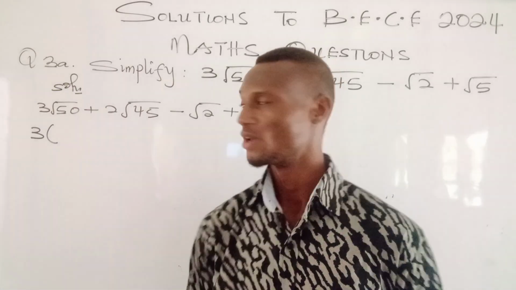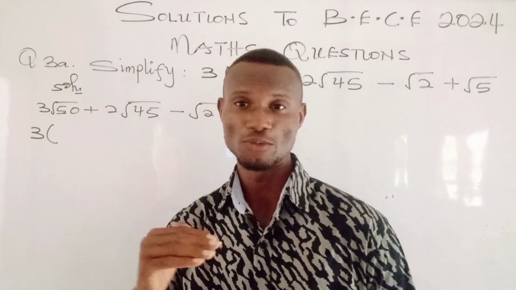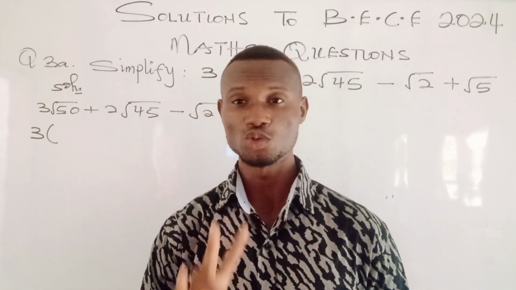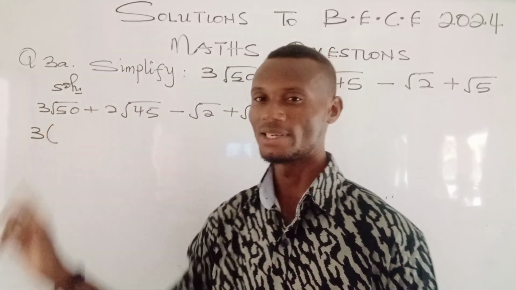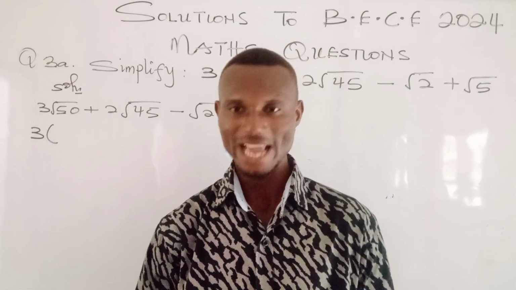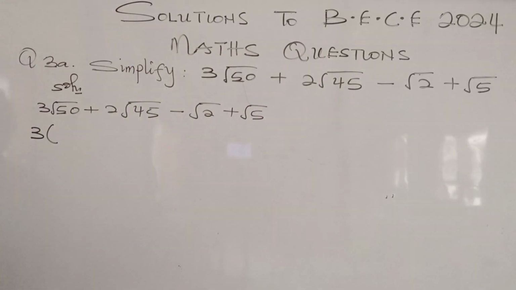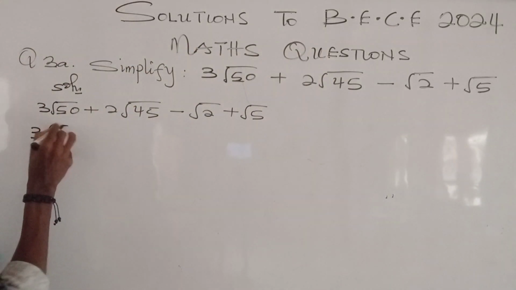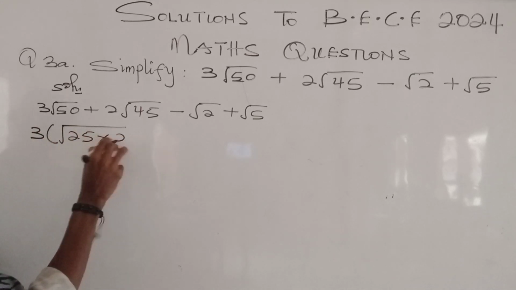Again, we are simplifying the root 50. For us to simplify the root 50, you look for two numbers that can multiply to give you 50, but one of them needs to be a perfect square. The two numbers we can think of will be 25 times 2.